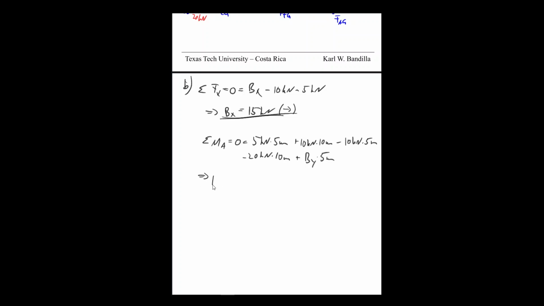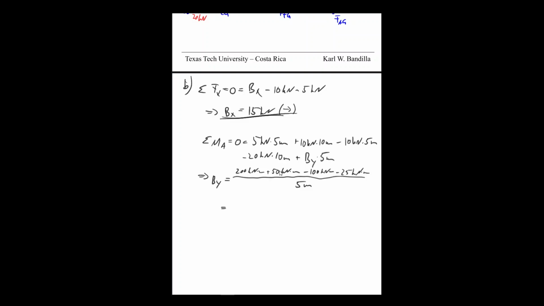All right, that means By is equal to, so this was positive, so if you flip all the signs, let's start down here, that'd be 200 kilonewton meters, switch the sign to positive, plus 50 kilonewton meters, minus 100 kilonewton meters, minus 25 kilonewton meters, divided by 5 meters.